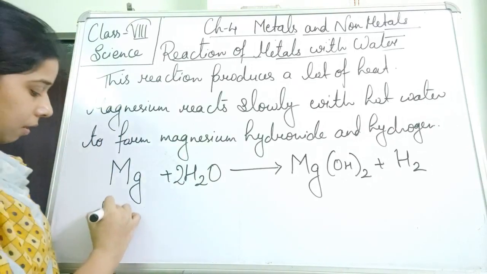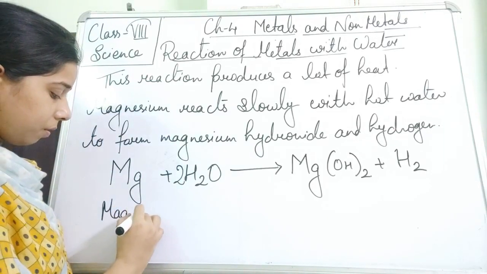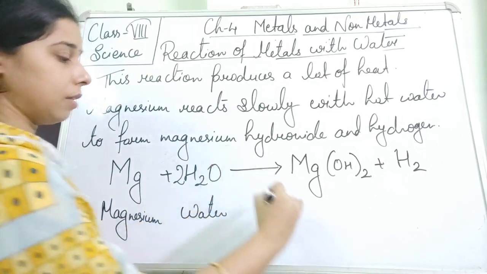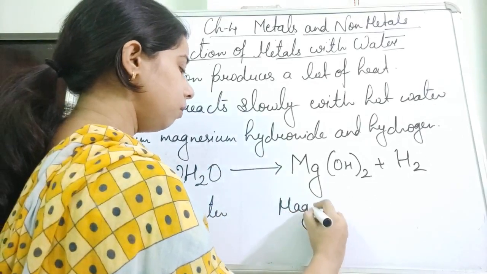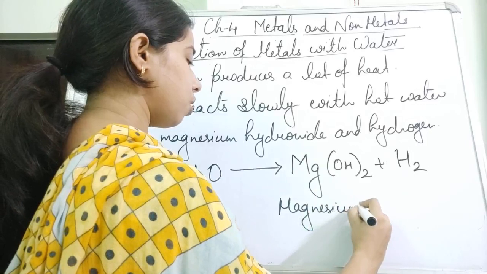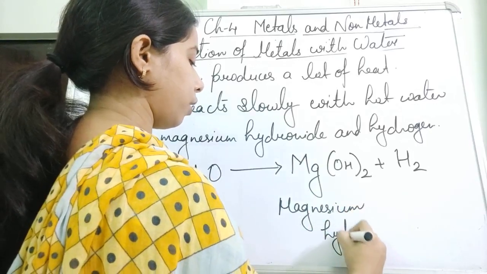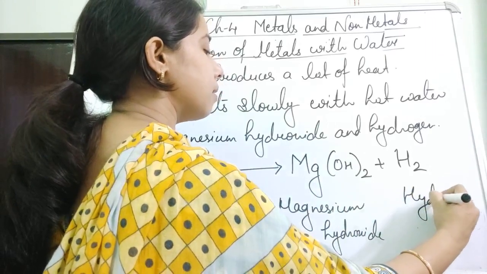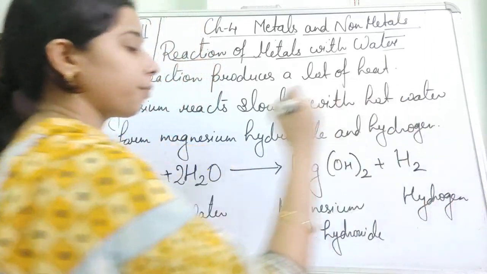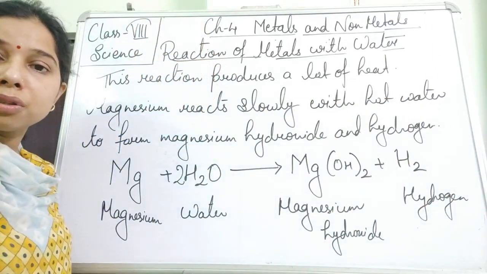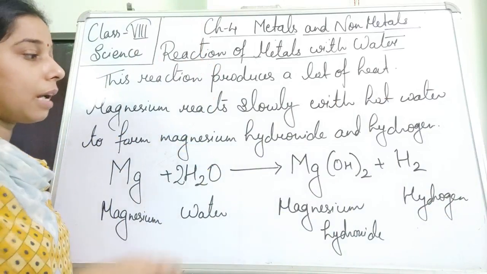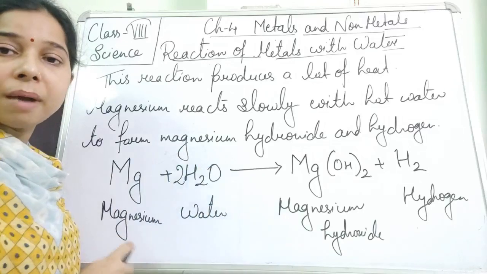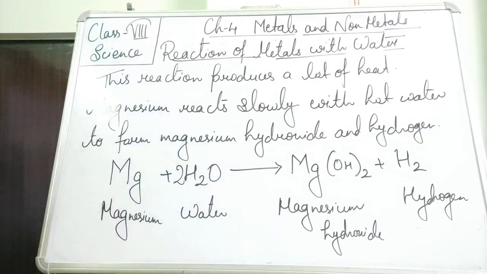Here it is magnesium, this is water, this is magnesium hydroxide, and finally hydrogen gas is released. So this is the reaction which happens with magnesium and how the magnesium gets converted to magnesium hydroxide.